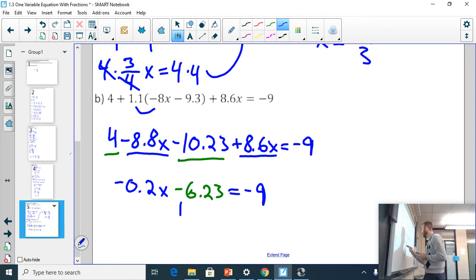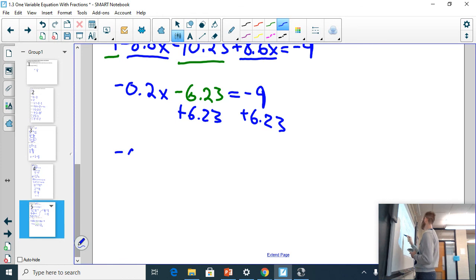Now let's add the 6.23 over. And when we do that, we should get negative 0.2x equals negative 2.77.